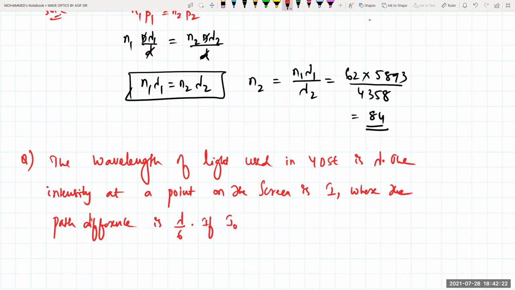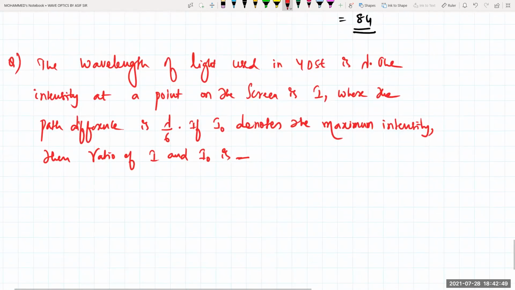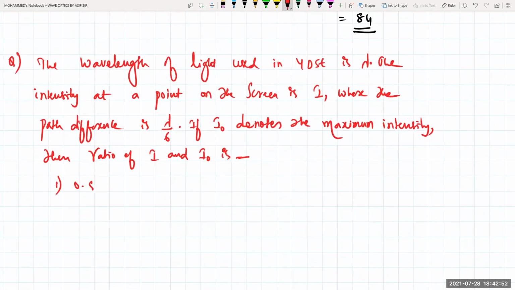If I naught denotes the maximum intensity, then the ratio of I and I naught is. Just note, I'll give the options. First option is 0.866, 0.5, 0.707 and 0.75.